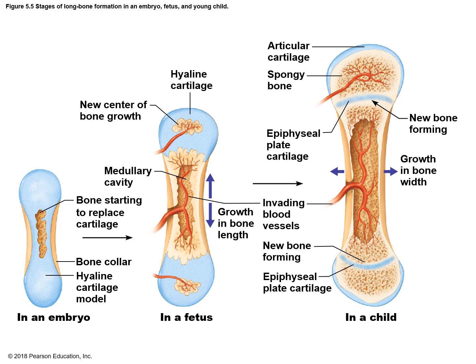Growing bones also widen as they lengthen to maintain proper proportion. Osteoblasts in the periosteum add bone matrix to the outside of the diaphysis, as cells called osteoclasts in the endosteum remove bone from the inner face of the diaphysis wall. This enlarges the medullary cavity.